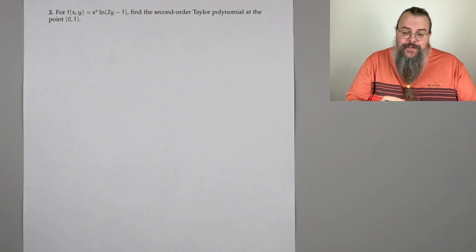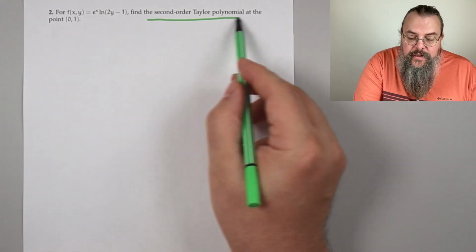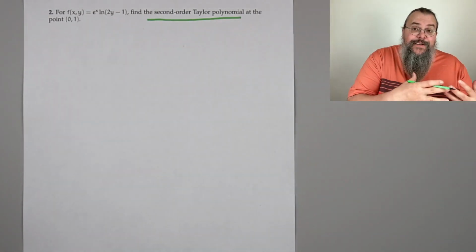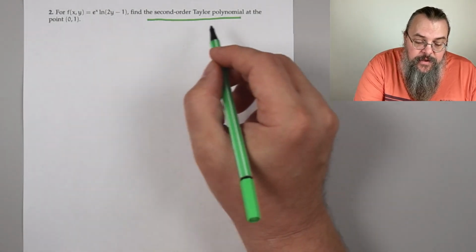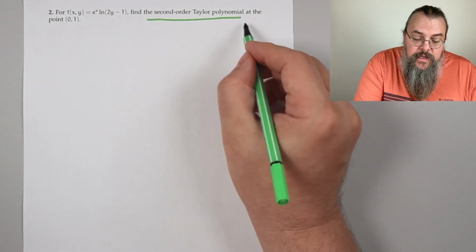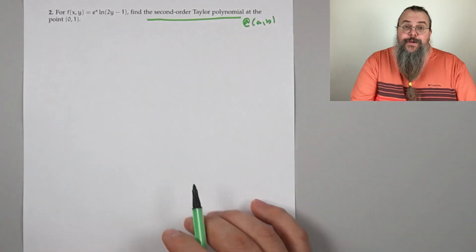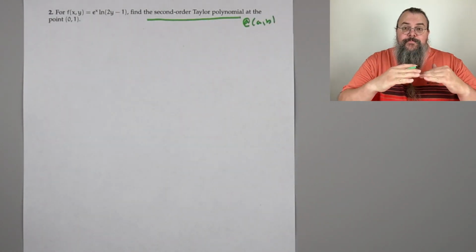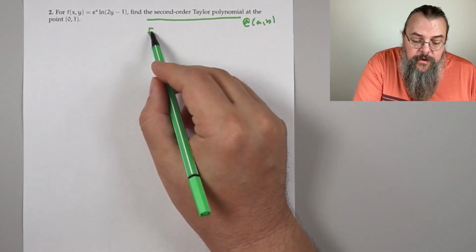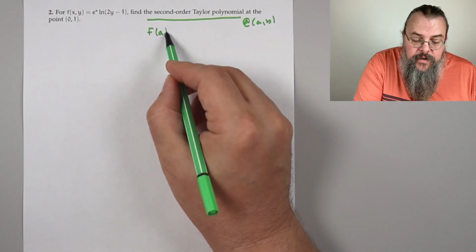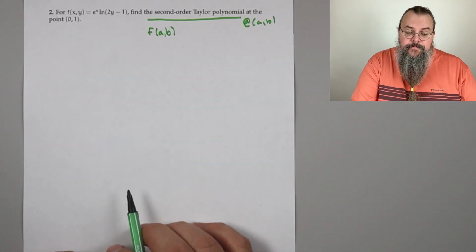Let's talk about what is the second order Taylor polynomial. And that's probably the key. If we know what that is, we're going to be good. Now, in general, if we talk about the second order Taylor polynomial at, I'll say, a point A comma B, well, we have some layers. The first layer says, well, if you only had a 0th order, you approximate it by the function, so f of AB.